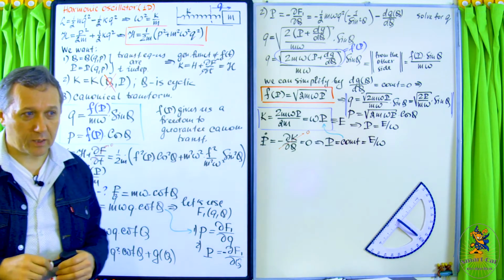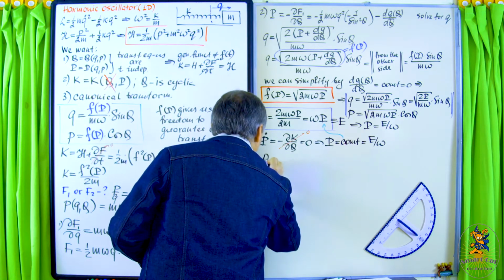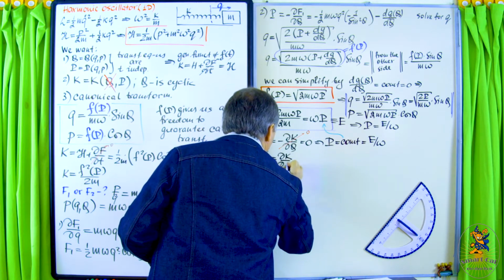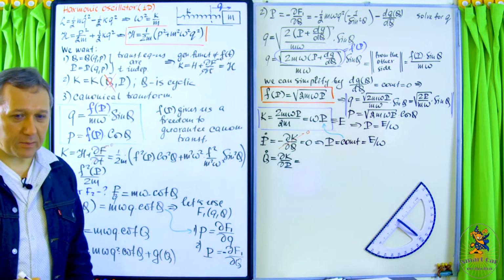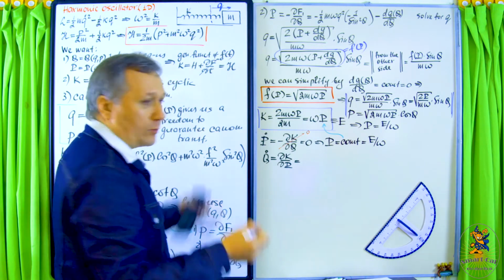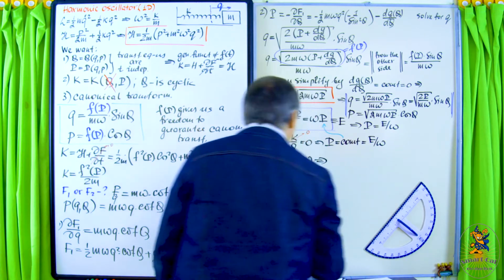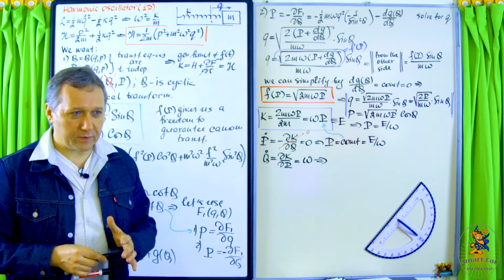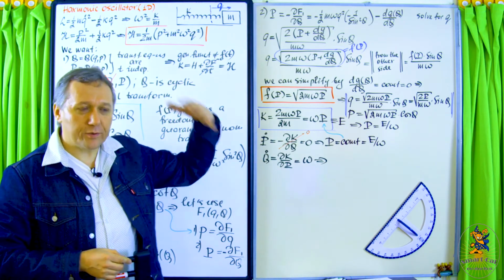Now the first Hamilton's equation: Q dot equals the partial derivative of K with respect to P capital. That's P capital, and it will be just omega. If you look at the beginning of this chapter about canonical transformations, I started describing this dream world.